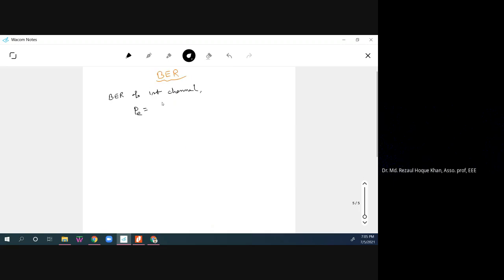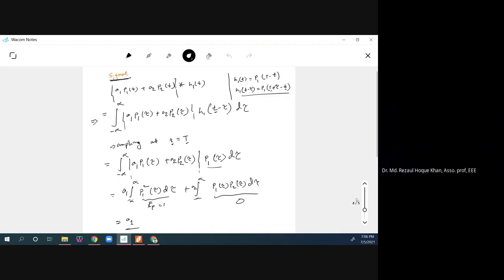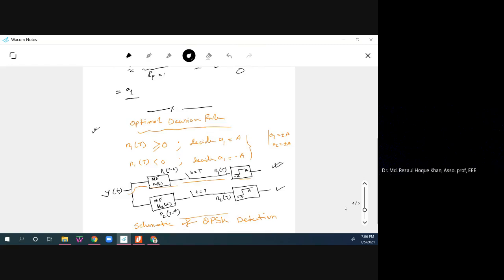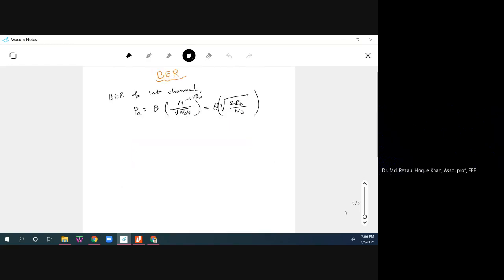So it's nothing but the Q function of A divided by the square root of N0 over 2, which is A also. We know A equal to the square root of Eb. So we can write Q of the square root of 2Eb by N0. This is for the first channel, or it will be the same as this channel, whatever. Now you see this is actually similar to BPSK, right?